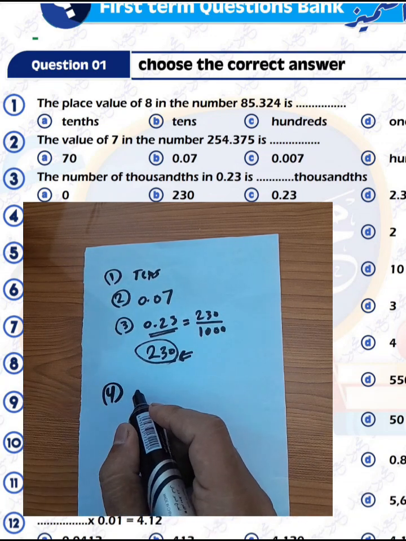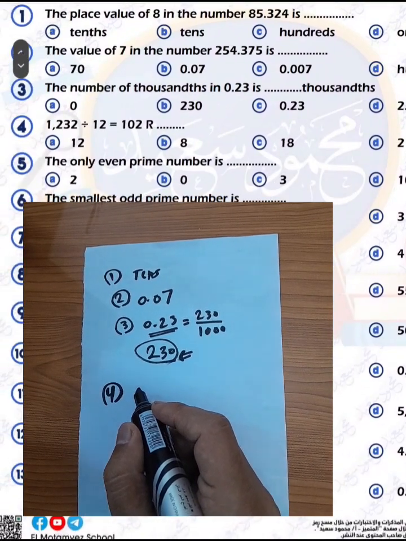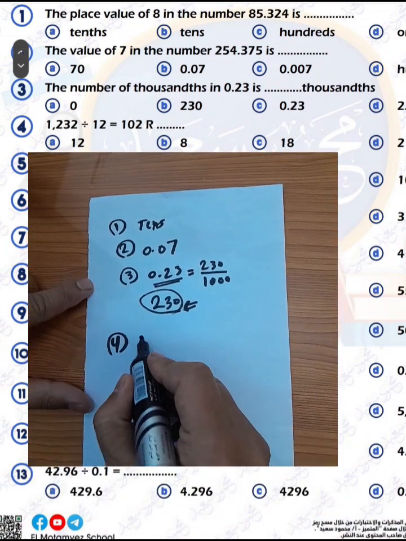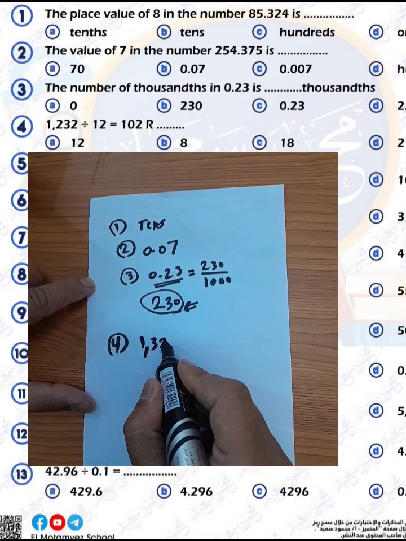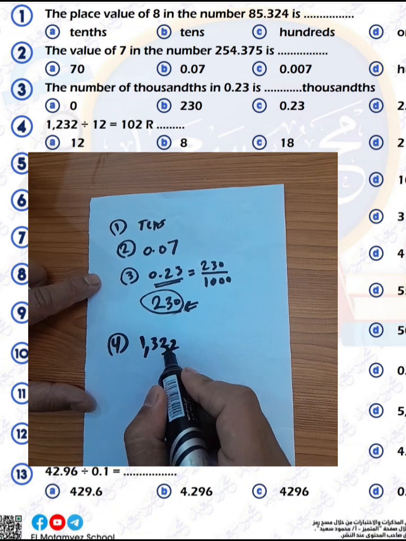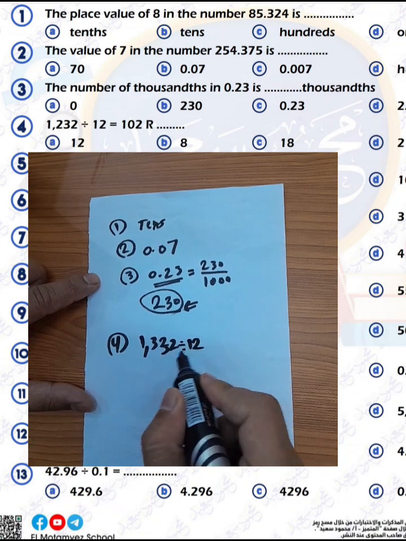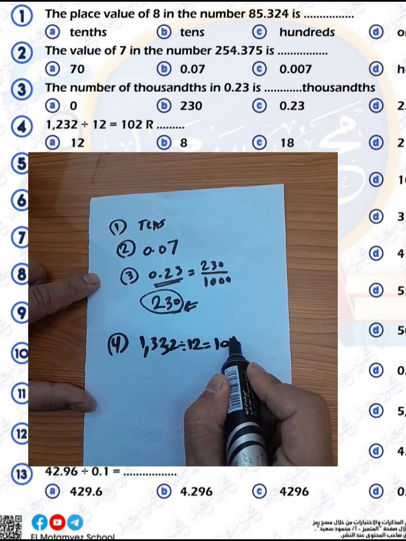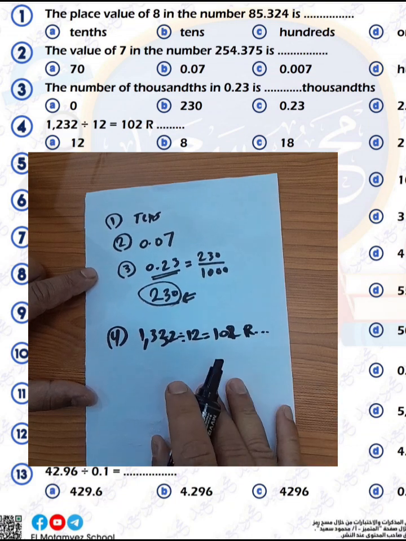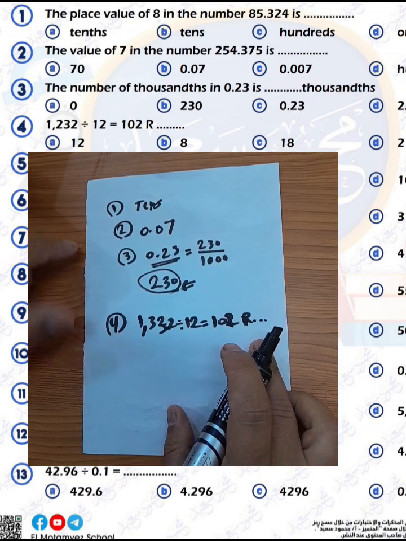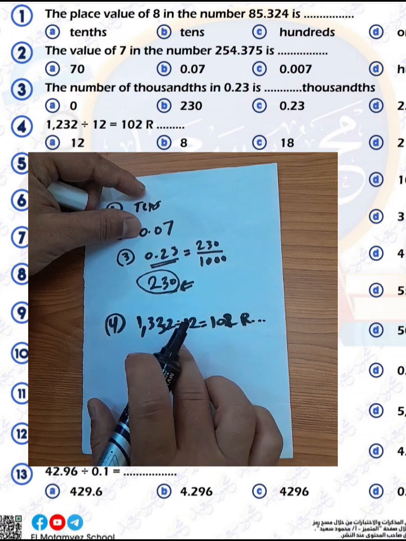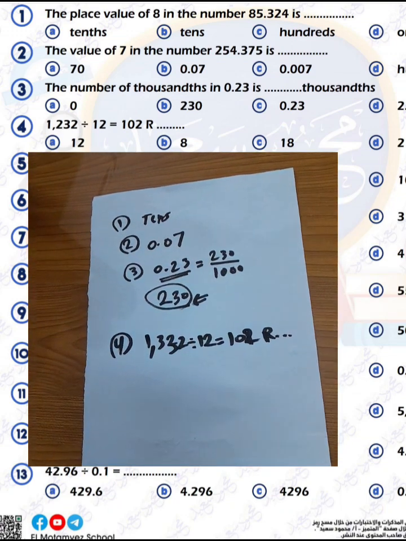Question number 4, 1332 divided by 12 equals 102 and the remainder is blank. We want to find the remainder by using multiplication between two numbers and subtracting the result from the dividend.